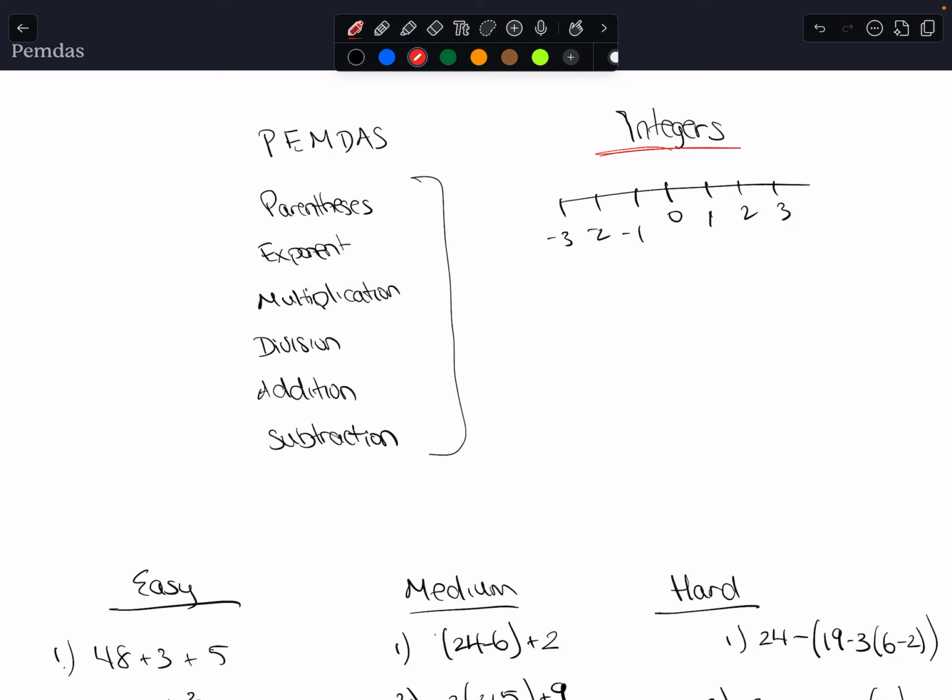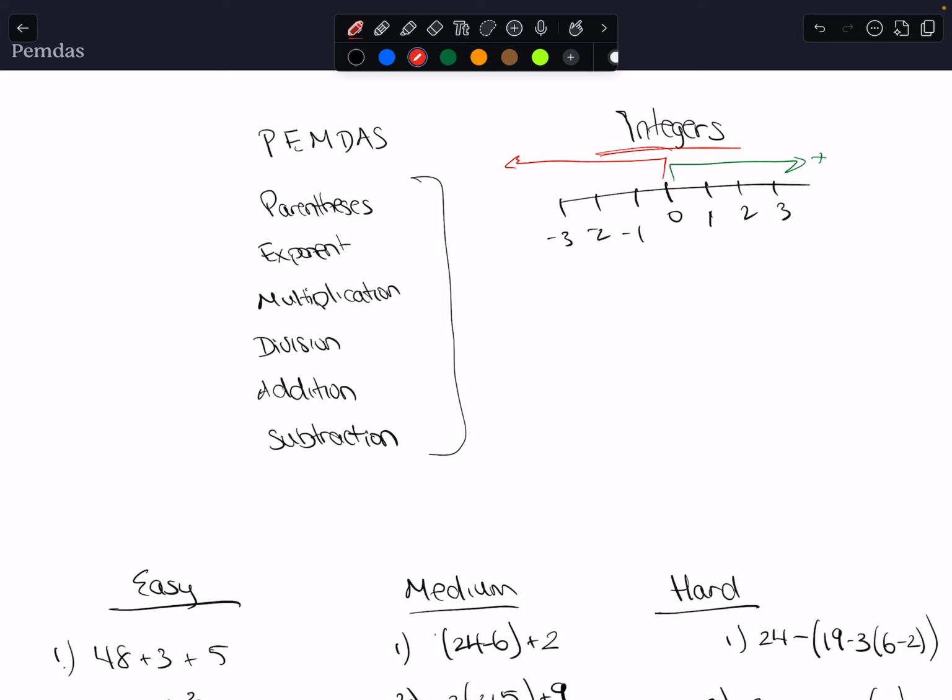Integers are numbers that fall along a number line, where they can be either positive or they can be negative.